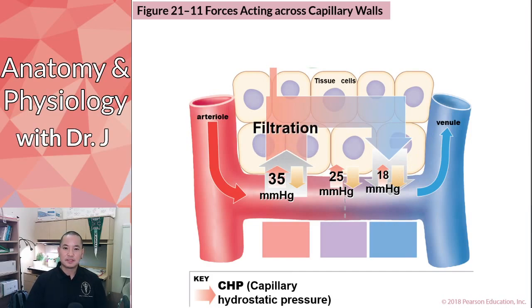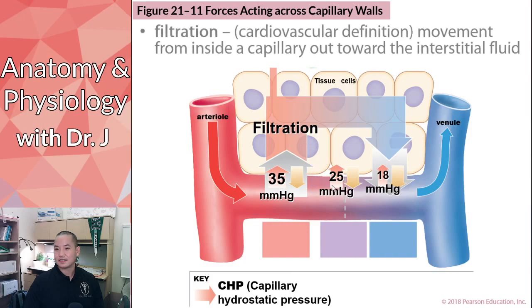So when you move the fluid from the inside of the vessel toward the outside and into the interstitial fluid surrounding these tissue cells, going this direction is called filtration, from the inside toward the outside. Now, that's why, in terms of filtration, you have from your capillaries alone, about 24 liters of fluid going from your capillaries to your interstitial fluid surrounding your tissues.